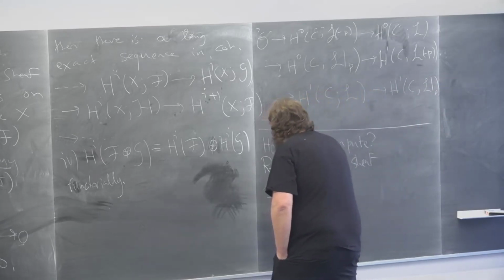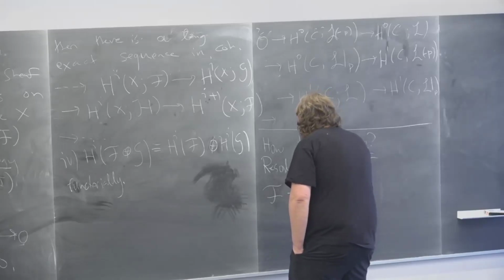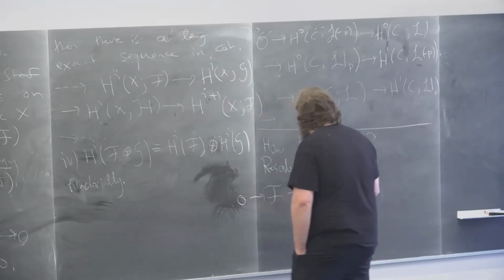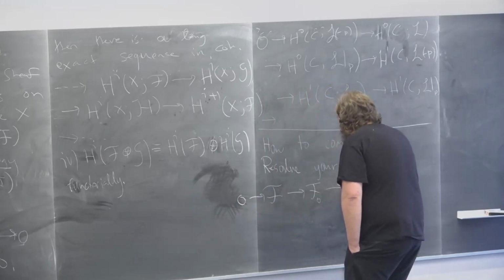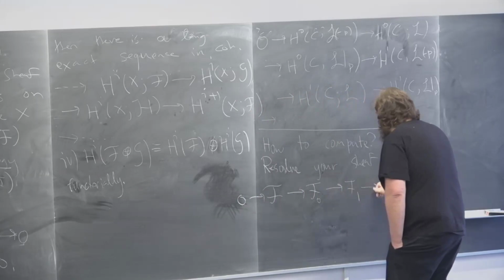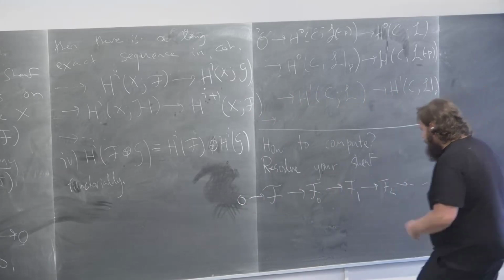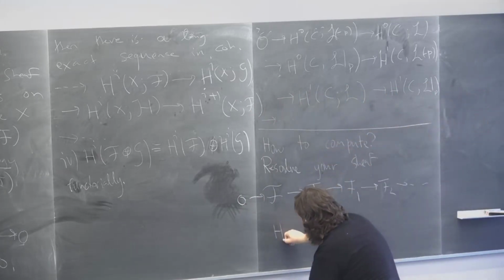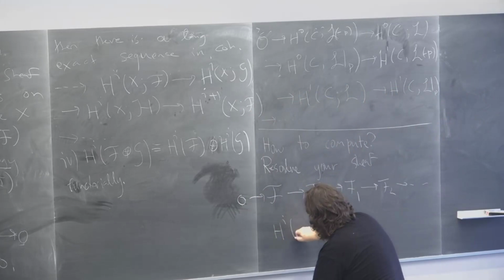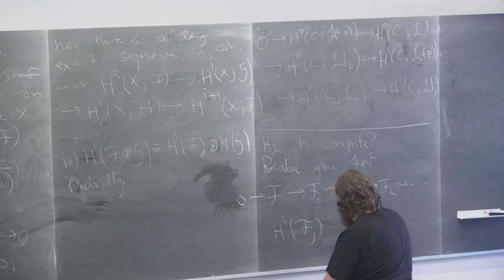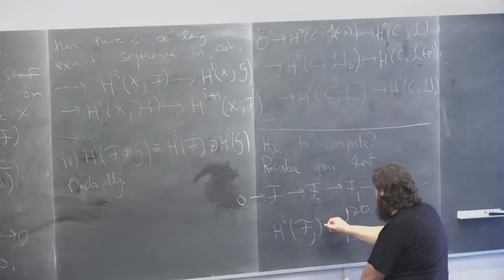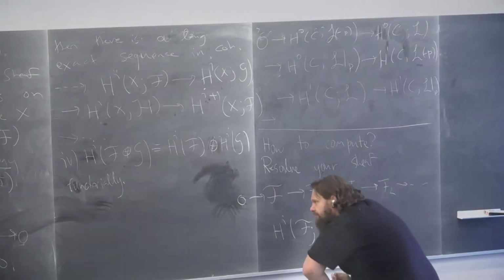So I have my sheaf F, and a resolution of it just means I have an exact complex of sheaves F0, F1, F2, etc. And the property I need, which makes things feel kind of circular, is that for all j positive, the cohomology of Fj vanishes.